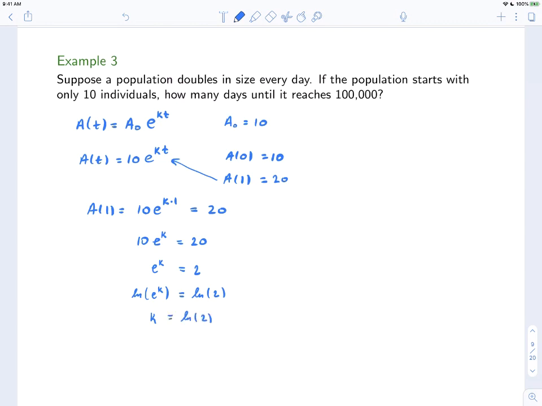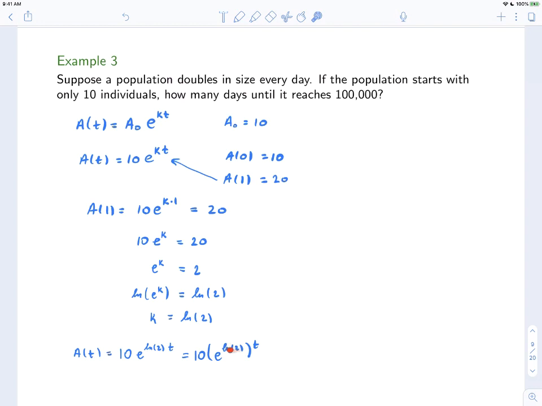And now we know the value of k. So we can write down our formula. A at t is equal to A sub 0, which we know is 10, times e to the kt, but k is ln of 2, so e to the ln of 2 times t. It might help us if we rewrite this a little. Remember that e to the ln of 2 times t is equal to e to the ln of 2, raised to the t, because when you take an exponential and raise it to an exponent, that's like multiplying the exponents together.